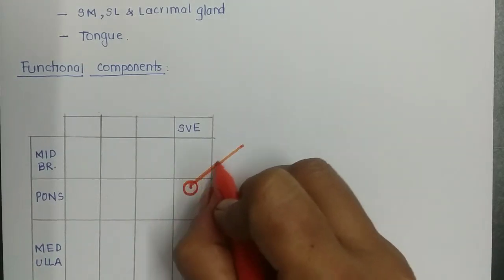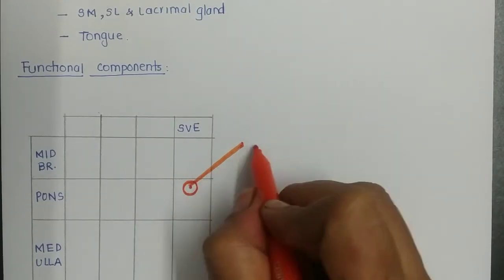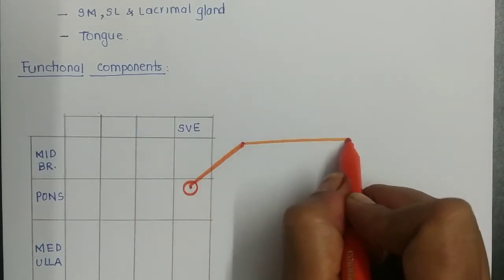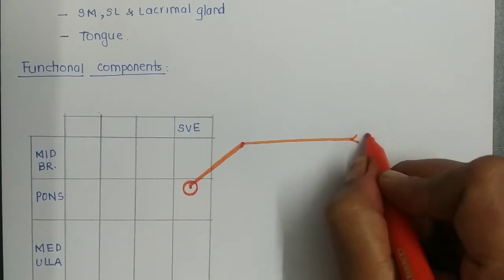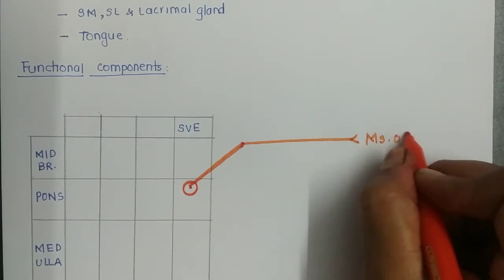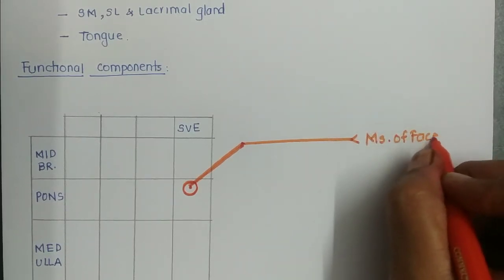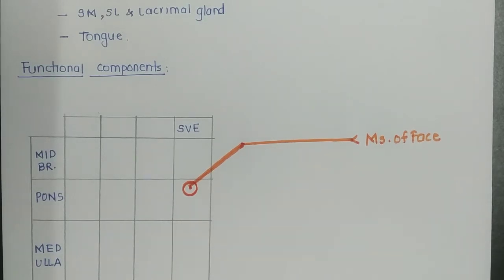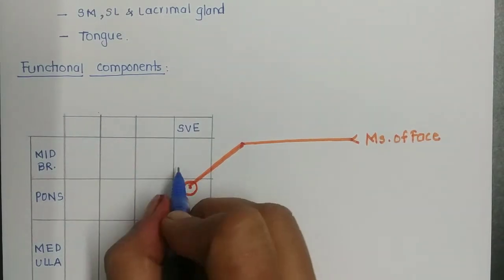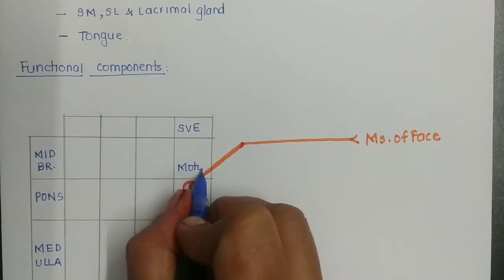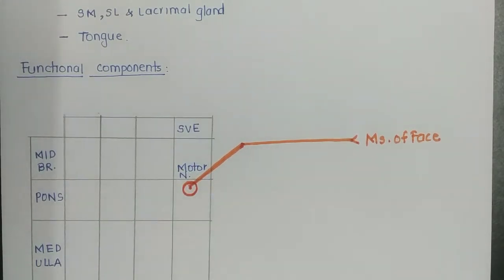So this is the motor nucleus of the facial nerve.